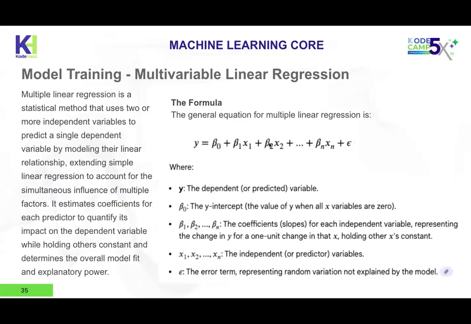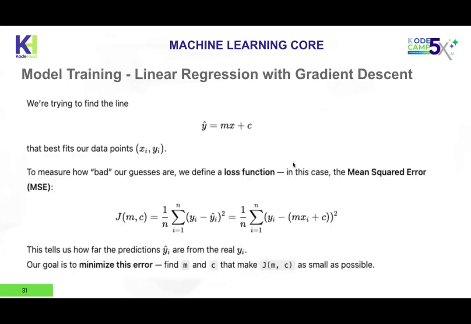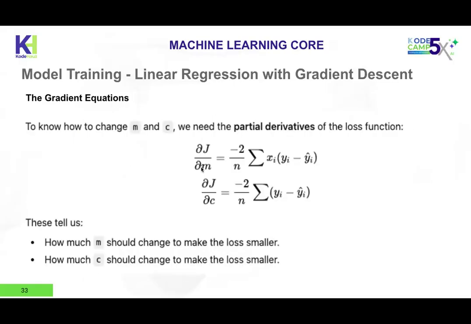Let's look at the gradient for a single variable. When we did the gradient, we did a gradient with respect to m, and it was this, with c. Now, when it is multivariable, instead of having only one m, you have multiple m's. You have m1, m2, which is beta 1, beta 2. It's the same thing, just letters that you use. So you have m1, m2, m3, m4, and so on. So you will now do each of the m separately.